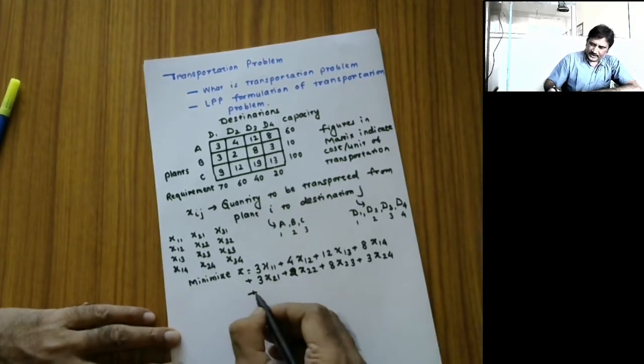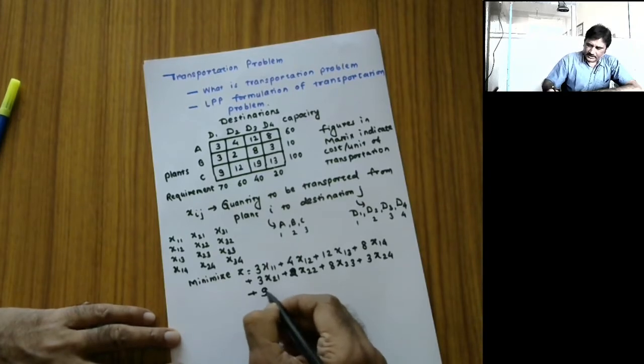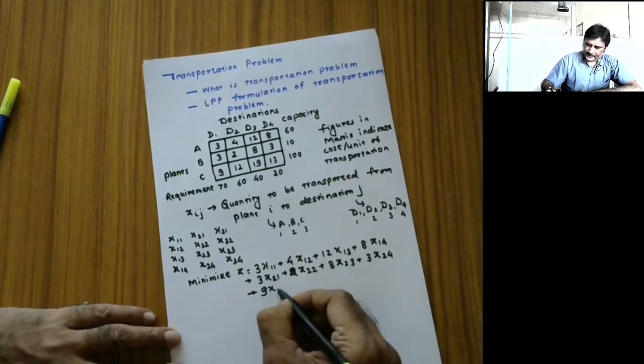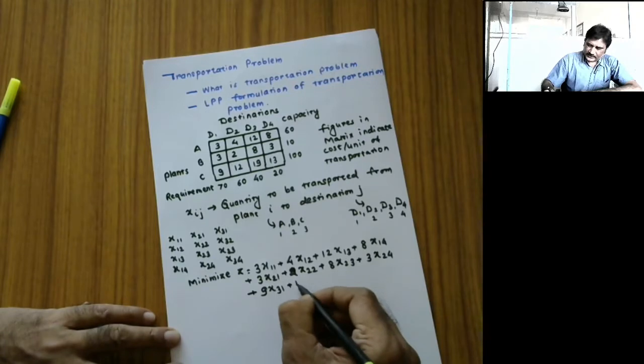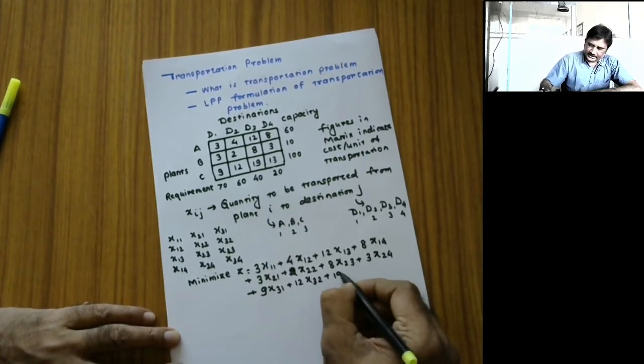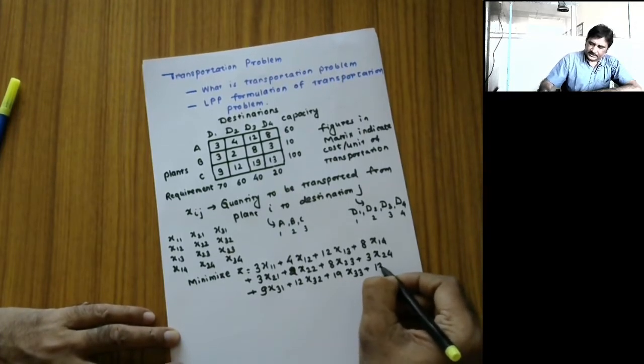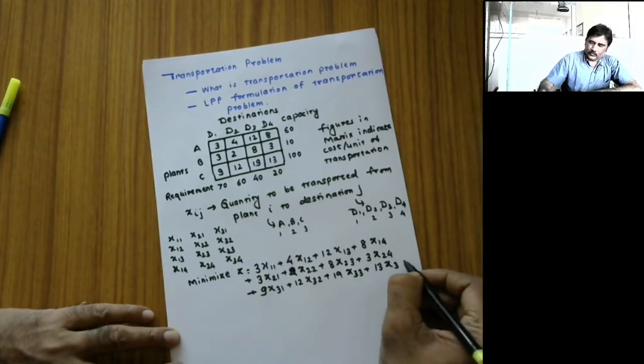There will be all 12 terms, 9 into x31 plus 12 into x32 plus 19 into x33 plus 13 into x34.